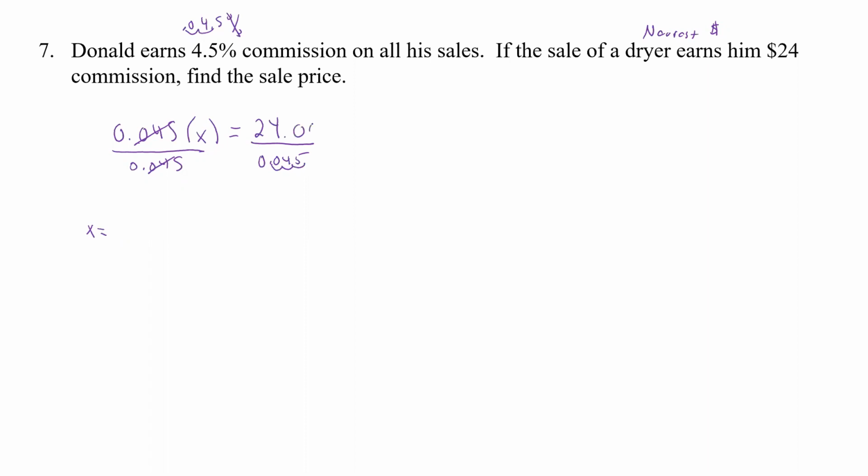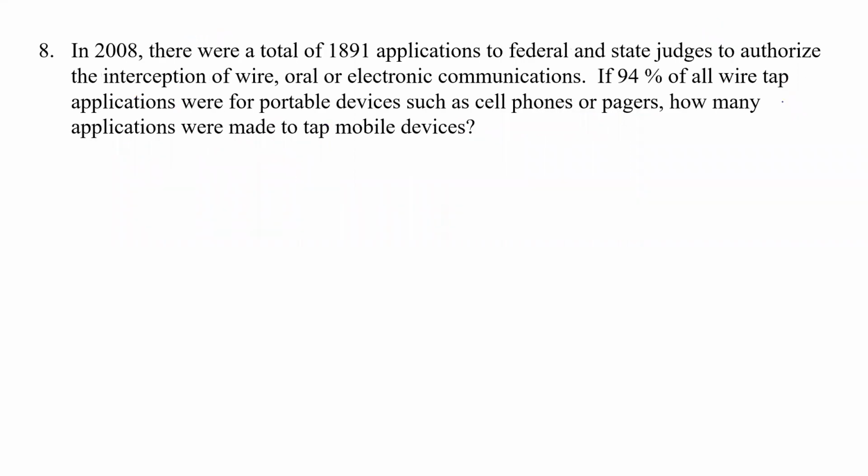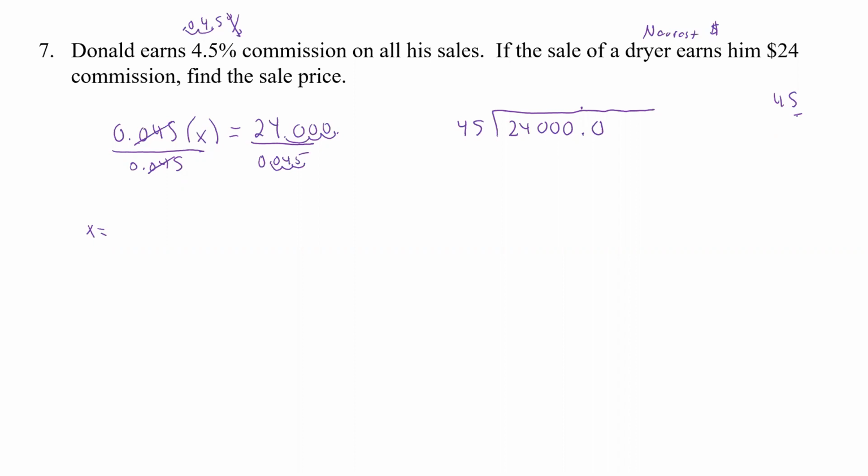And so we're taking 45 into 24,000. We only have to go one more decimal place because that'll round it to the nearest dollar. Okay, so 45 times 5, yeah, 5, because 6 will be too big. 5 should give us at least the first one.